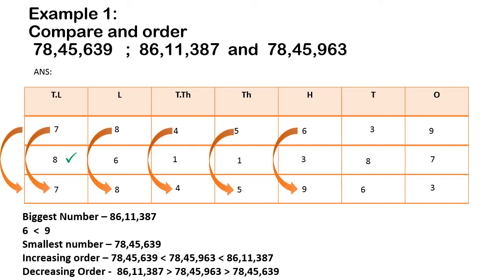So the decreasing order is, first you have to write the biggest number. So 86 lakhs 11,387 greater than 78 lakhs 45,963, then greater than 78 lakhs 45,639. Okay. So this is how we have to find out the smallest number and biggest number, then we can order.